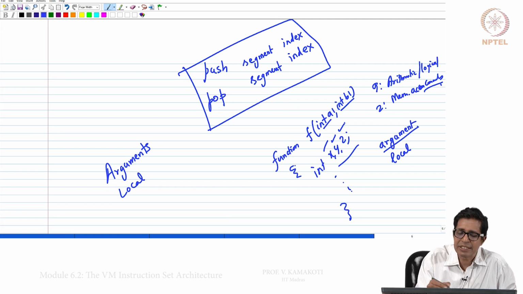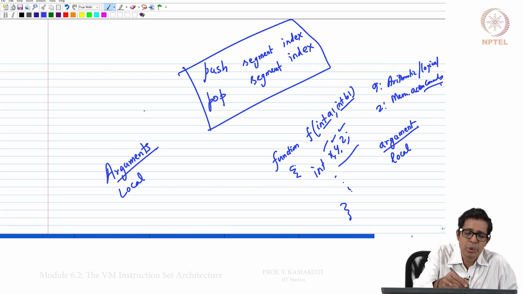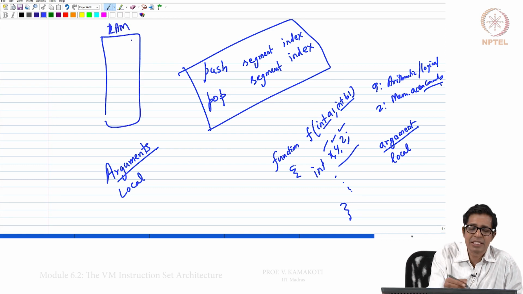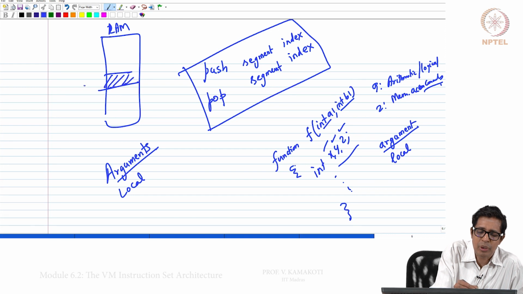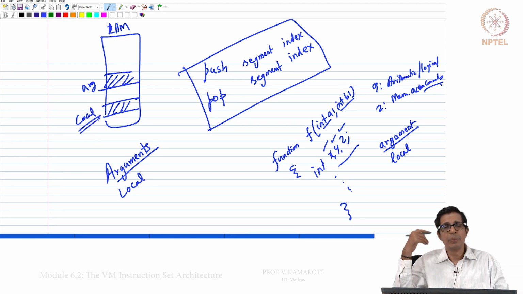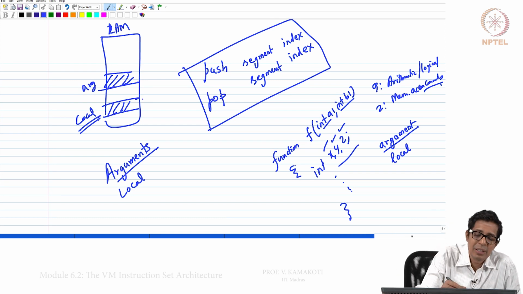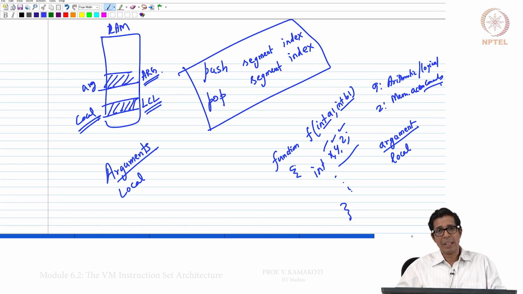So you have that entire big data RAM. When the function starts executing, some space is allocated for arguments and some for local. When we were defining the symbol table, you may remember that you used symbols called ARG and LCL.